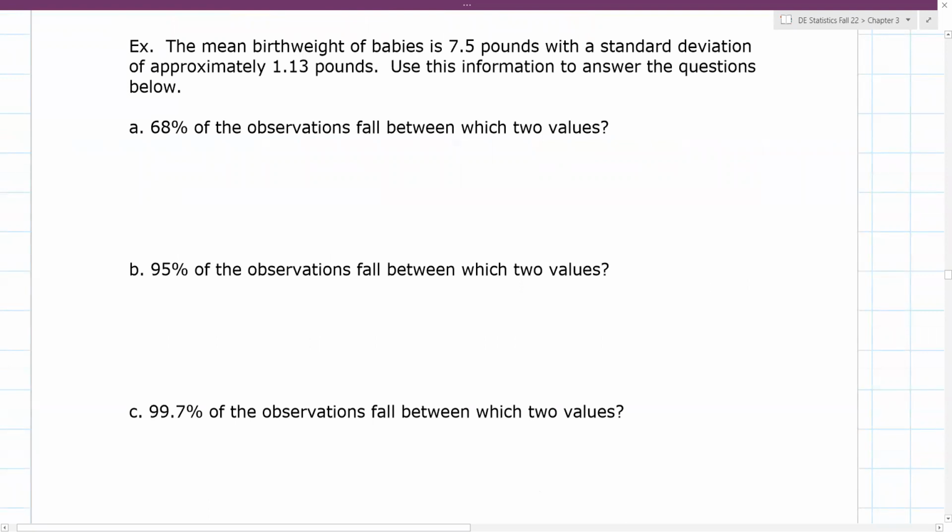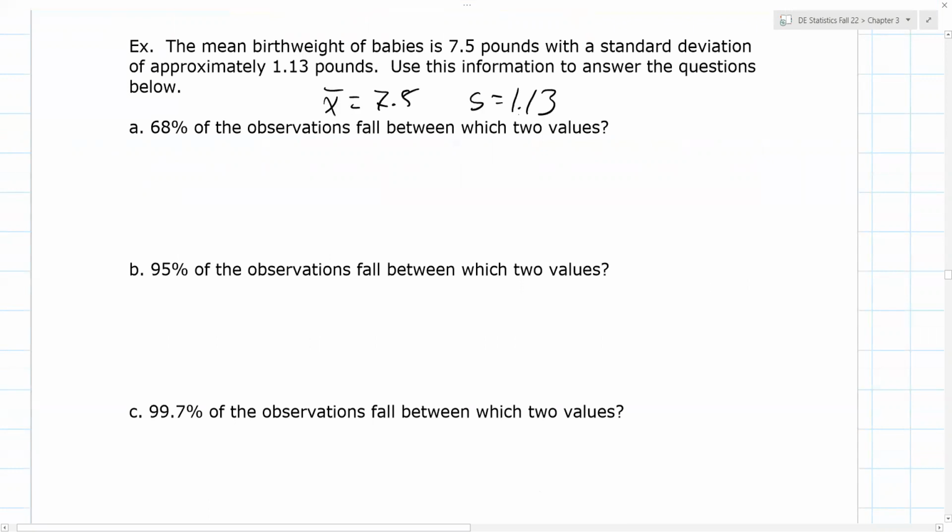All right, so first, my average is 7.5. My standard deviation is 1.13. So I've got my average and my standard deviation. 68% of the data is x plus s and x minus s.